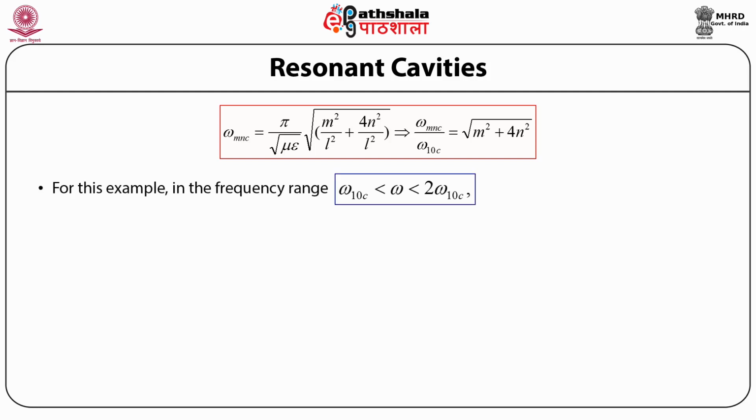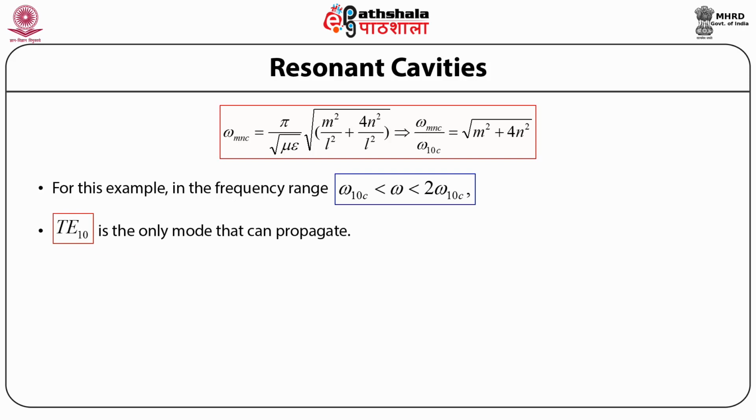And for this example, one sees that in the frequency range ω_10c < ω < 2ω_10c, where ω_10c denotes the lowest cutoff frequency of the transverse electric 10 mode, only the TE10 mode can propagate.